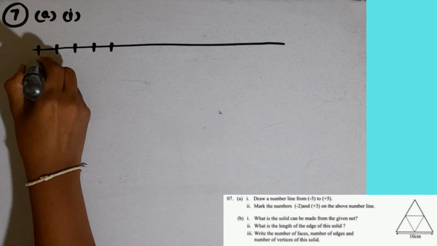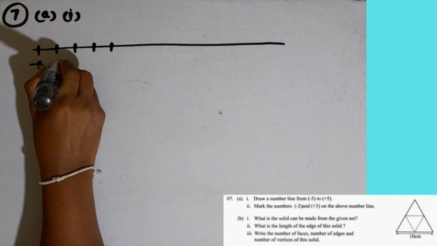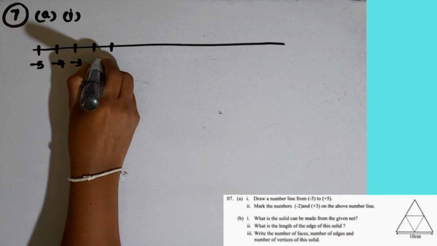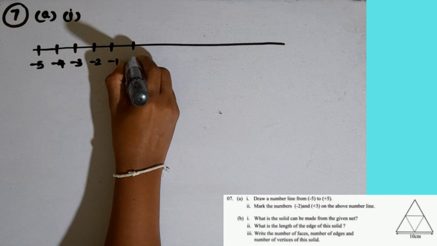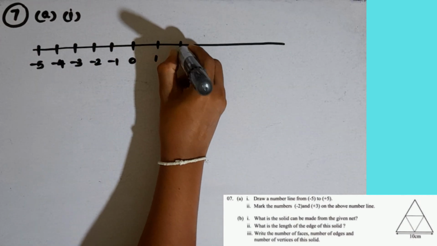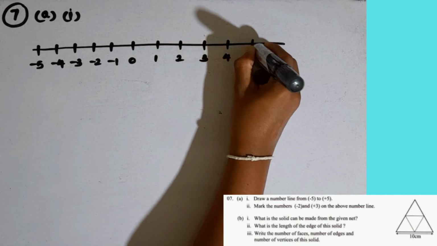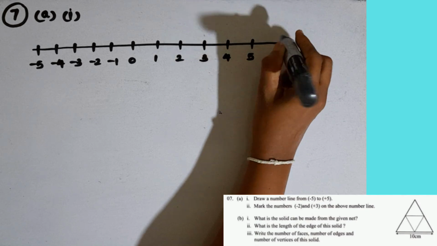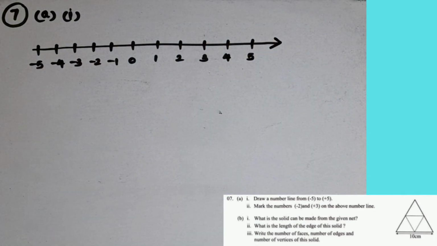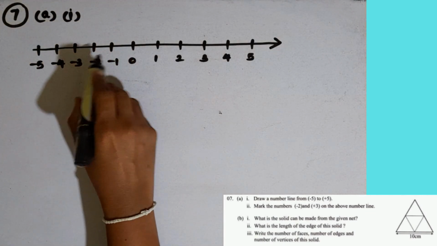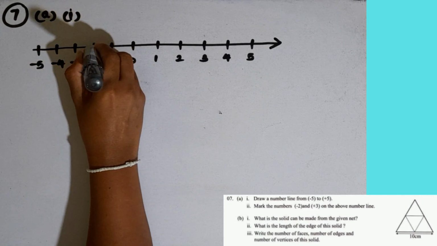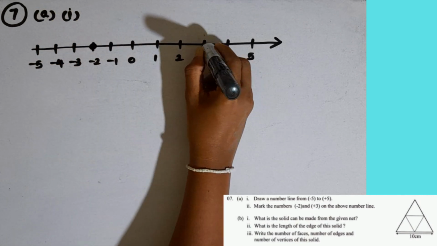Here -5, -4, -3, -2, -1, then 0, 1, 2, 3, 4, 5. Then part 2. Mark the numbers -2 and +3 on the above number line. We can mark a number by using a small dot. Here -2 and +3.